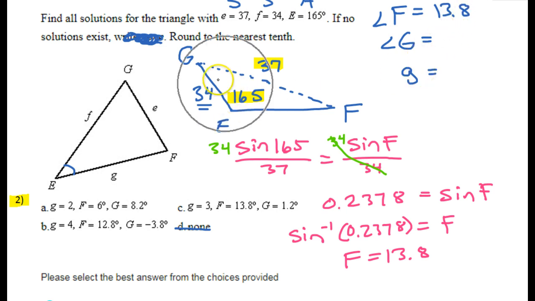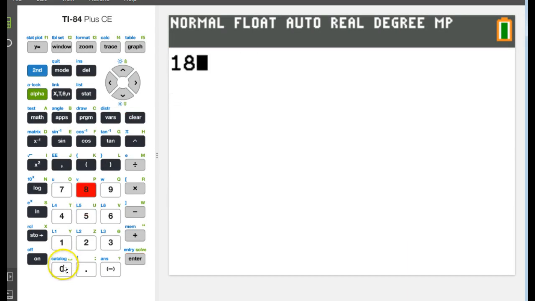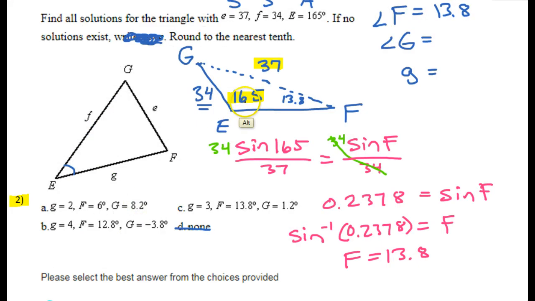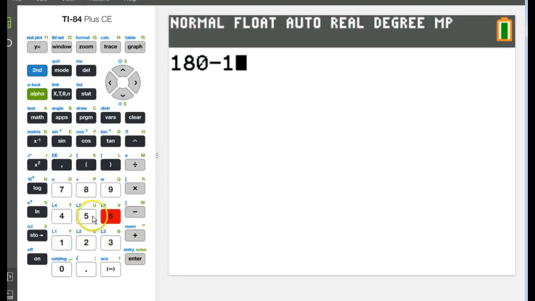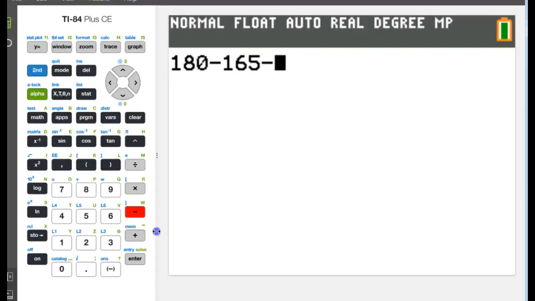Now I can easily find angle G by subtracting from 180. They all have to add up to 180, so I can just do 180 minus 165 minus 13.8.